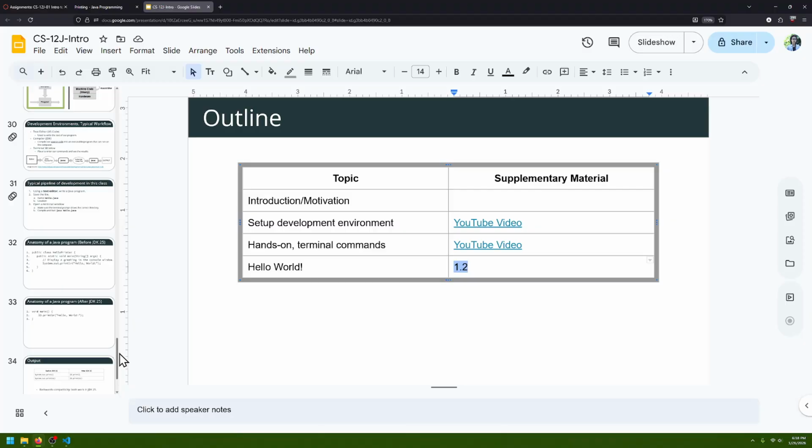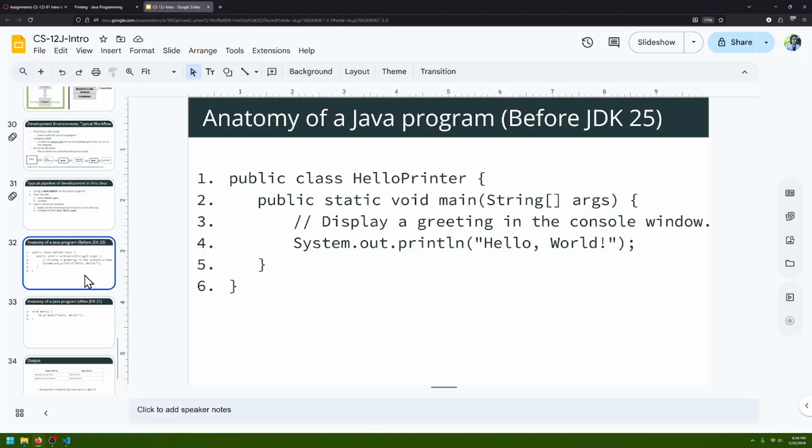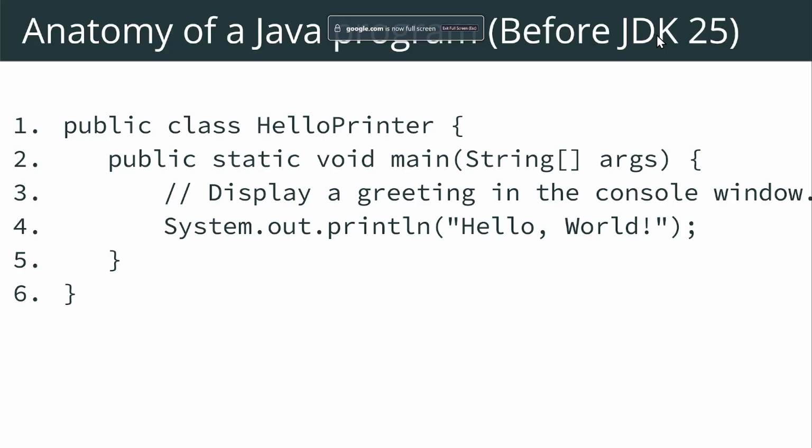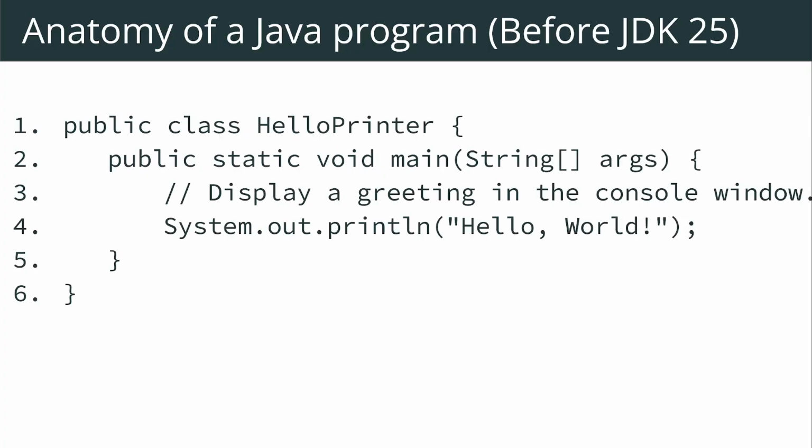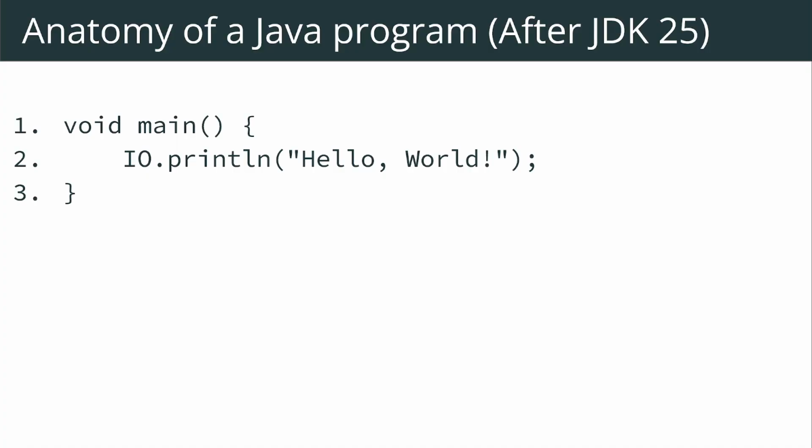I hope people aren't too overloaded. I feel like people might have gotten a little overloaded on this part of today, the differences between JDK 25 and before it. But it is backwards compatible, so if you're reading old material, it should still work in this new one.